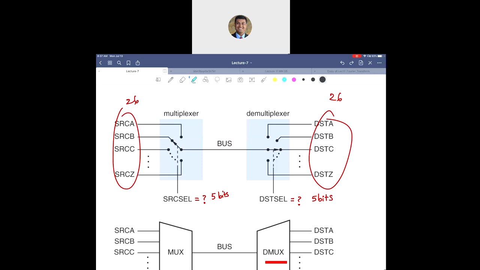Now let me ask you this. If sources are 4 bits each, so each of these sources, source A is 4 bits, source B is 4 bits, source C is 4 bits, and so on up to source Z is also 4 bits, what would be the width of the bus?